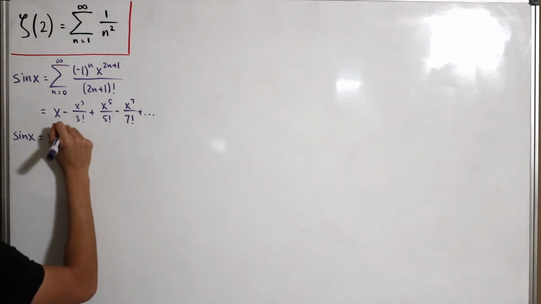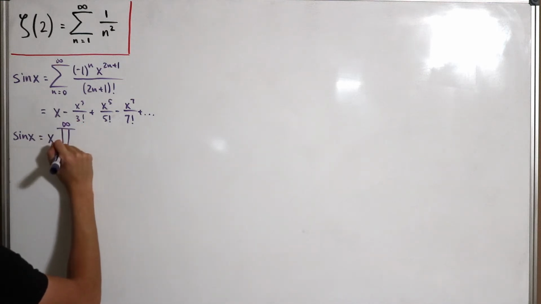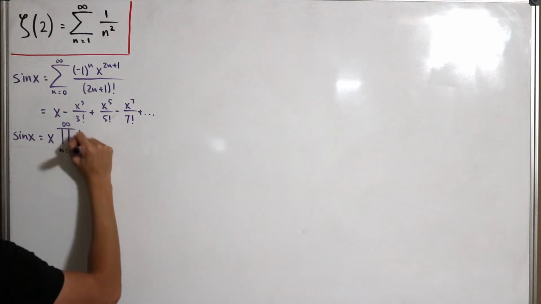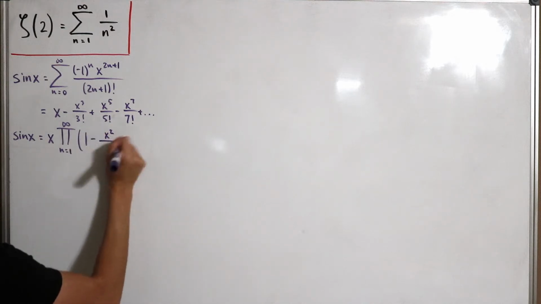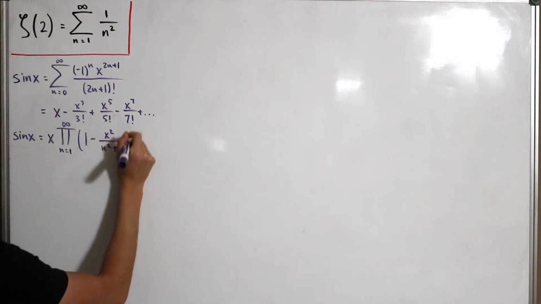The formula is defined as x times the infinite product of 1 minus x squared divided by n squared pi squared.